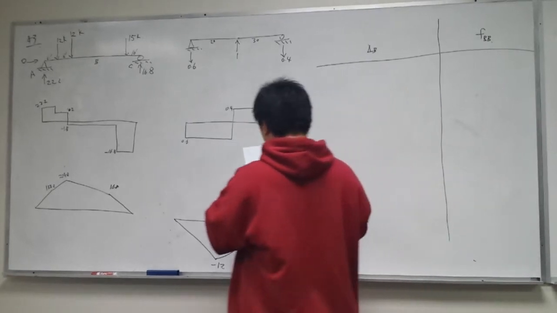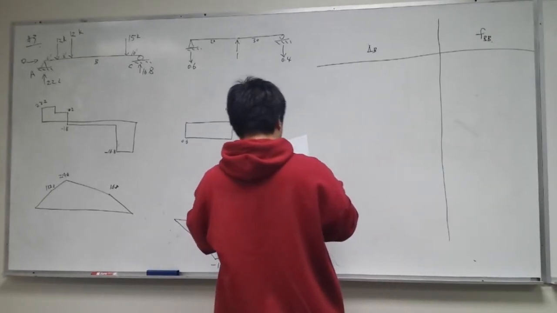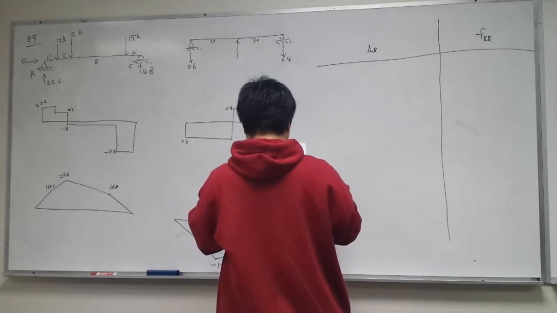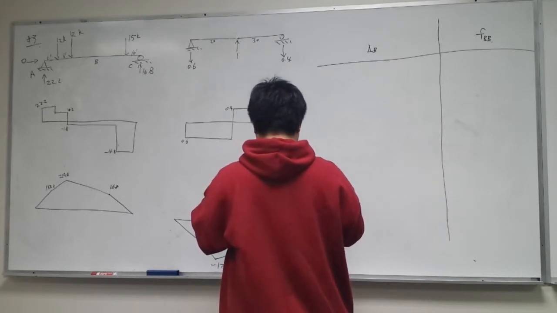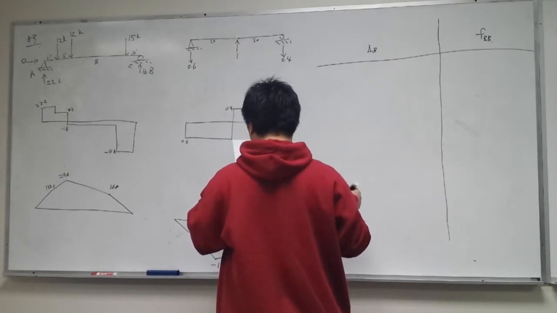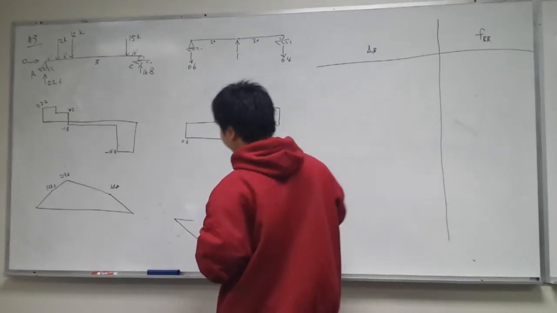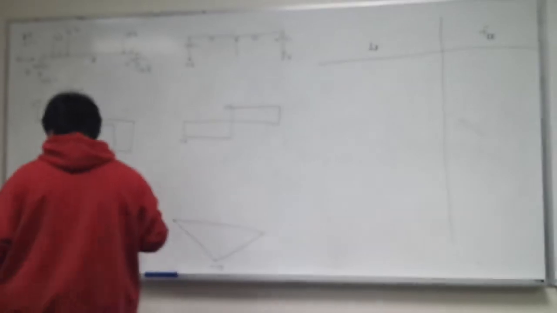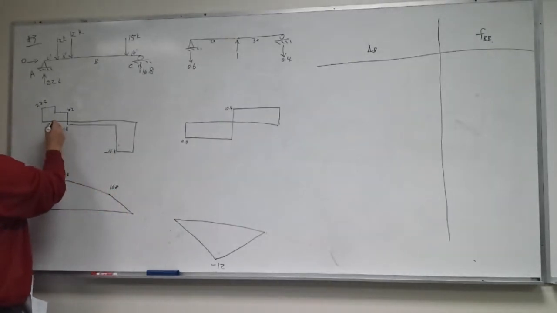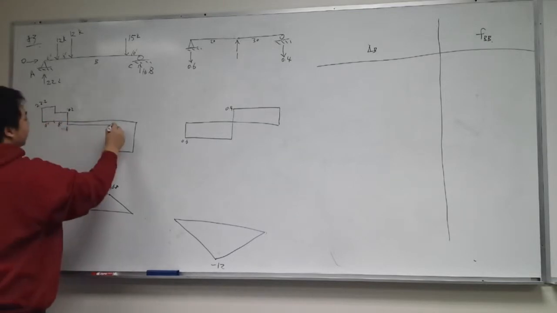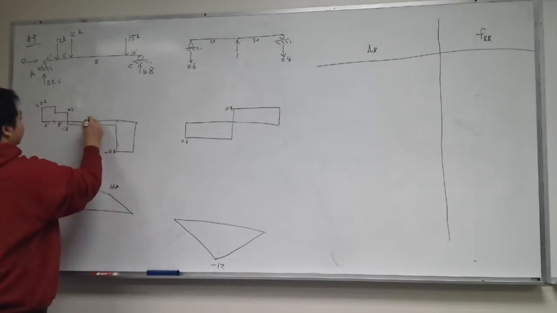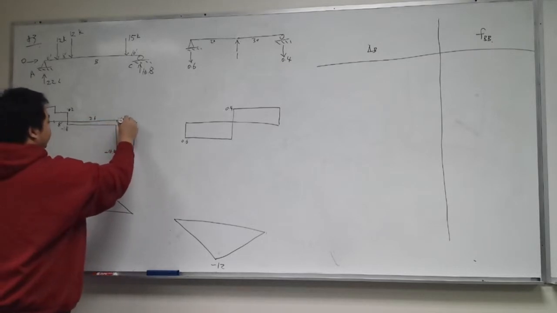So for the first part, we have no distance. Here's 6, here's 8, here to here is 26, here to here is 10.